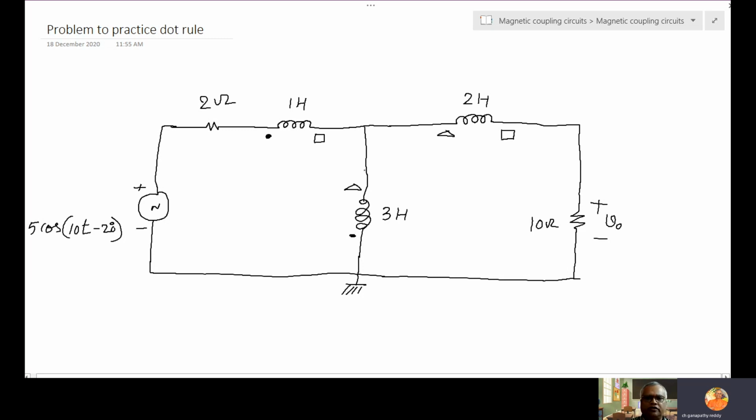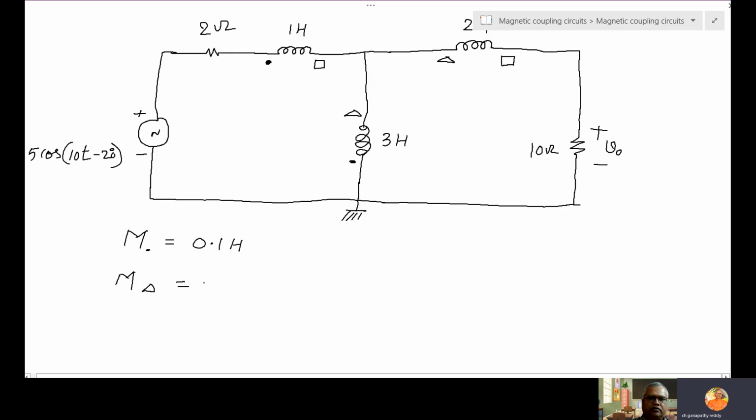The meaning of the dot, triangle and square, the previous problem took care of. And M dot, the mutual inductance, is given as 0.1 Henry. Then M triangle is 0.2 Henry.